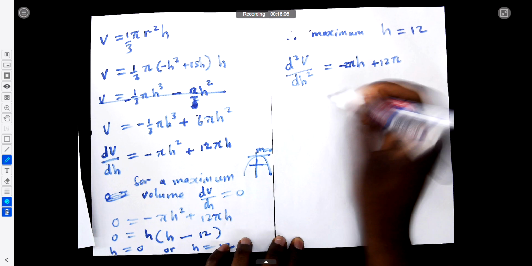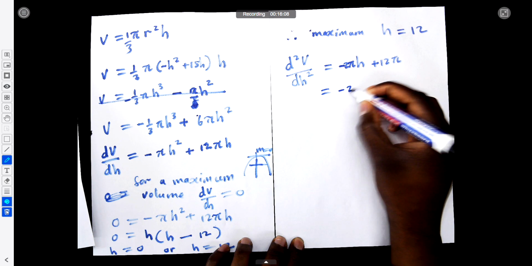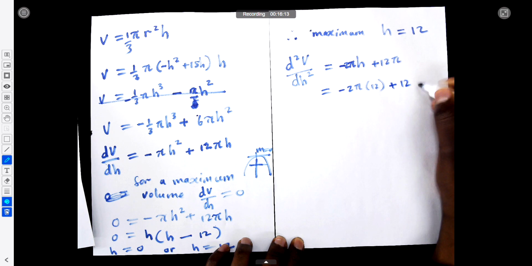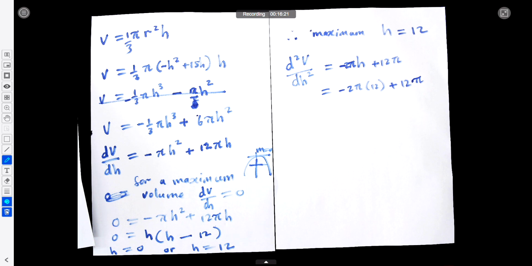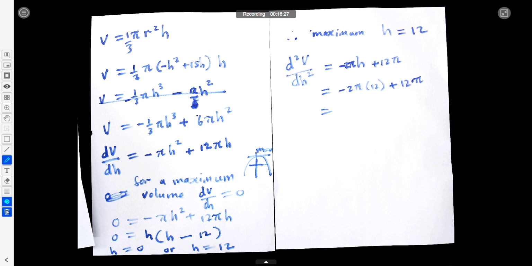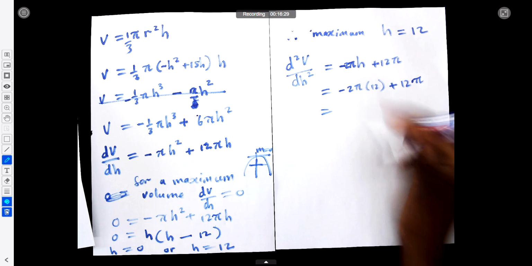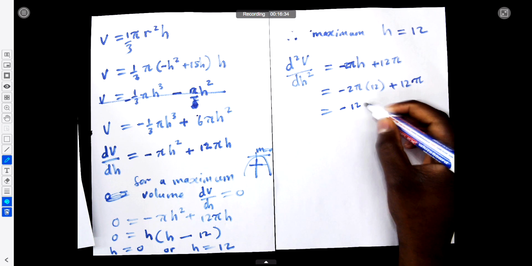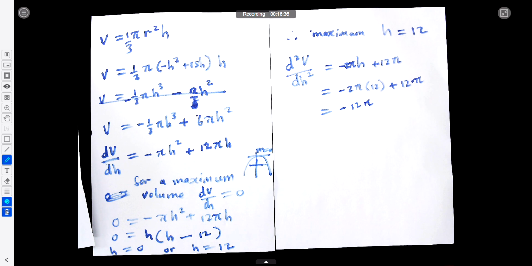So in the second derivative, we're going to substitute 12, which is the height there. You're getting a negative value, isn't it? You must get a negative value. This is negative 24, this is 12, so it's going to be negative 12 pi.